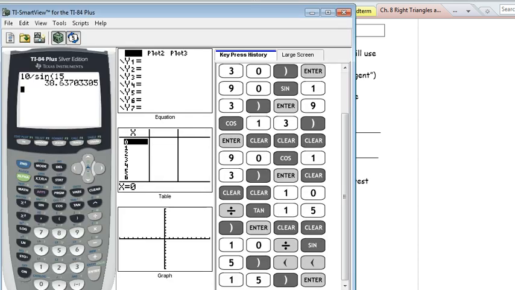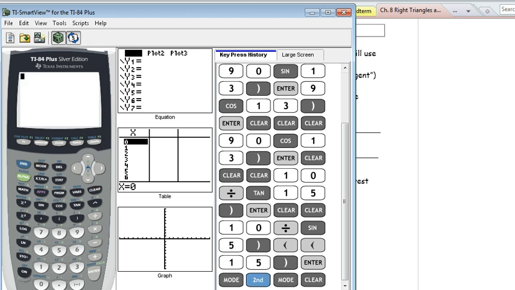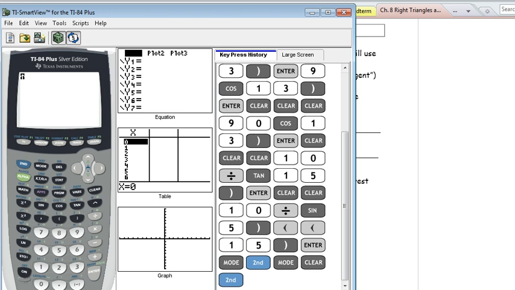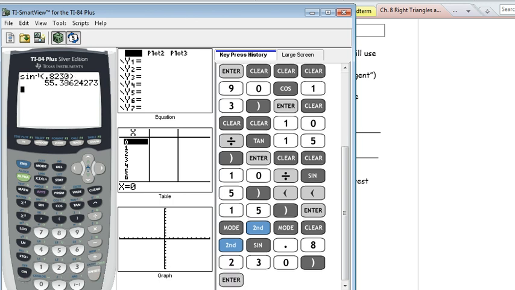If we go to our calculator, again, make sure you're in mode, make sure you're in degrees, always double check. And what we do is we take this second button and hit sine, and you can see blue there, that's the inverse sine, sine -1 there. So we take the inverse sine of 0.8230, and what it's going to do for us is pop out a number that gives us our actual angle.